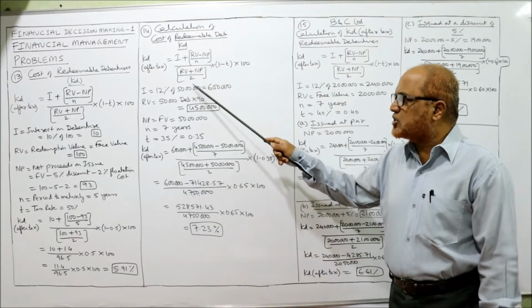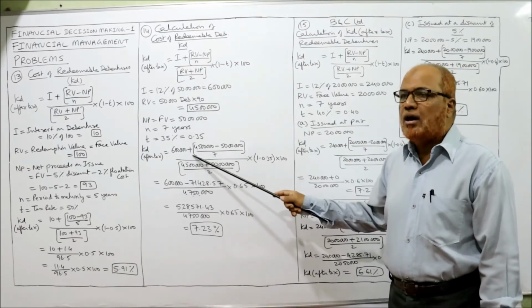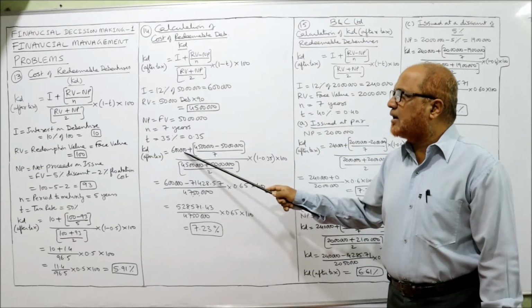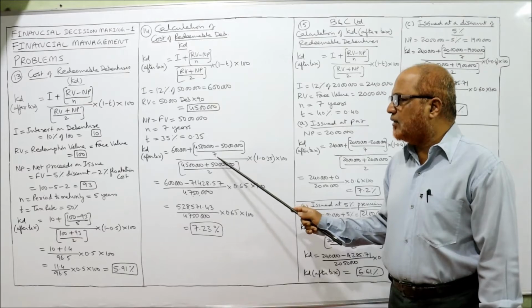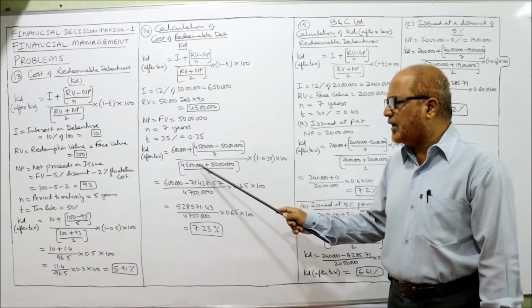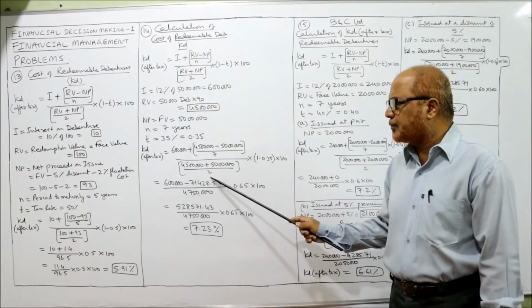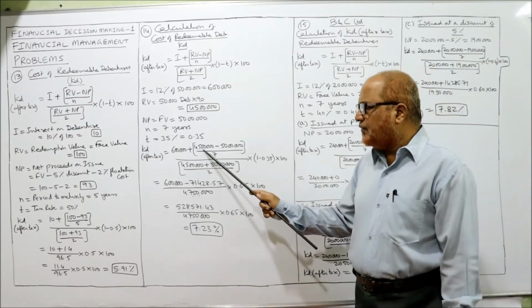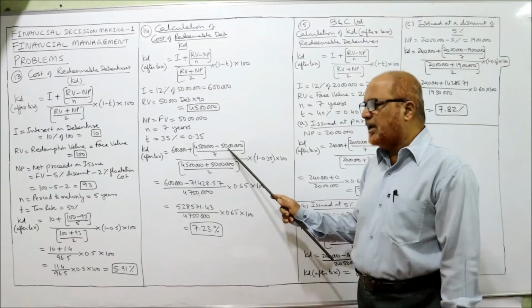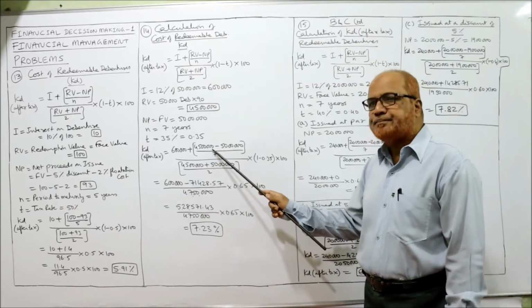Now simply substitute all these values in the formula. In place of I, 6 lakh. RV, 45 lakh. NP, 50 lakh, divide by 7. Divide by (45 lakh plus 50 lakh) divide by 2. Into 1 minus 0.35 into 100. So 45 lakh minus 50 lakh, you will get minus 5 lakh.